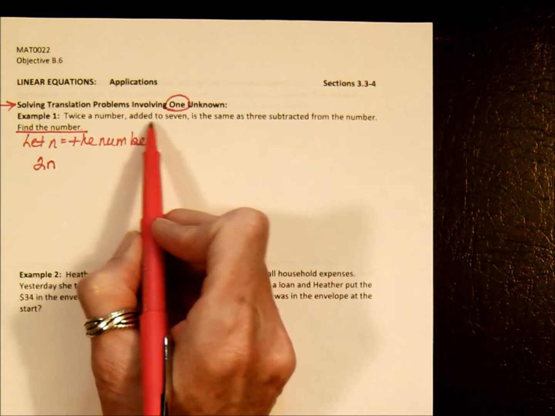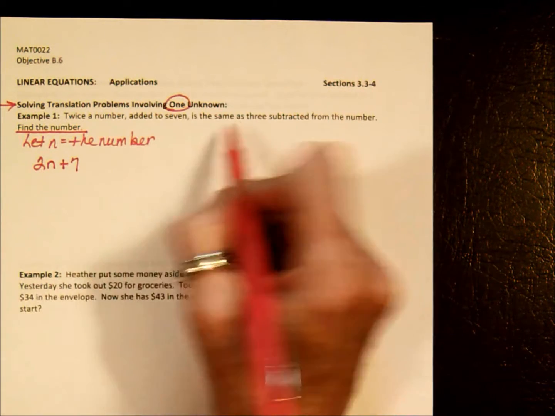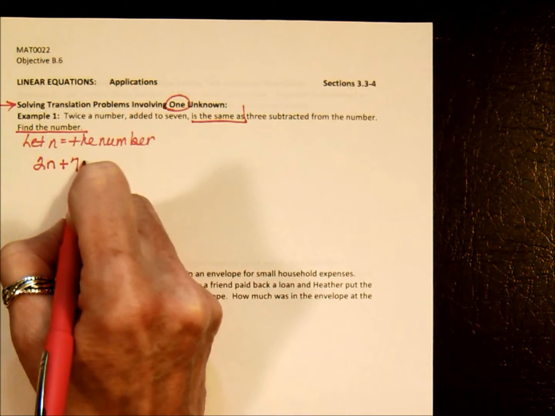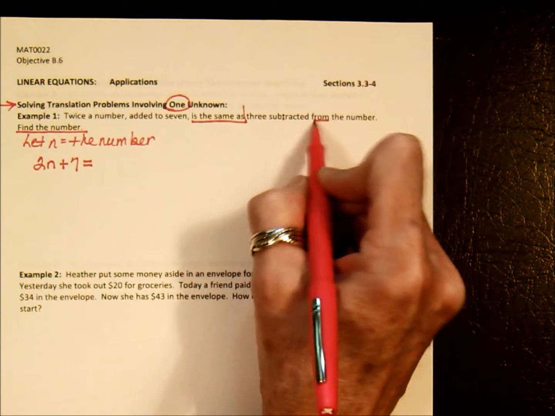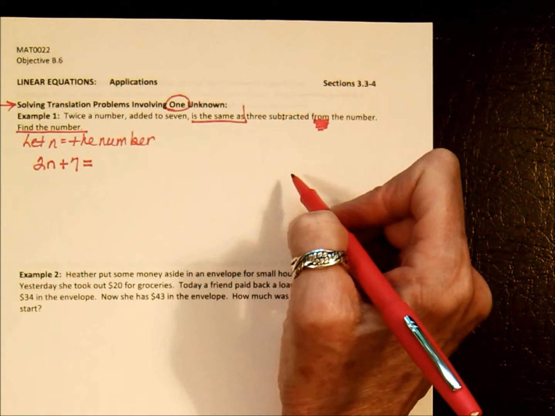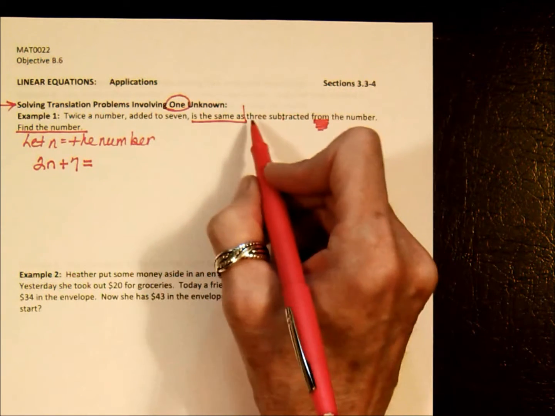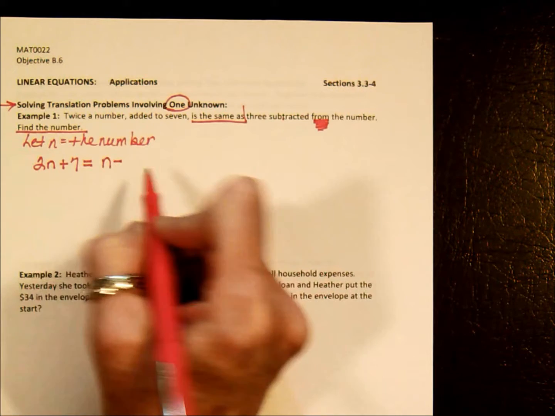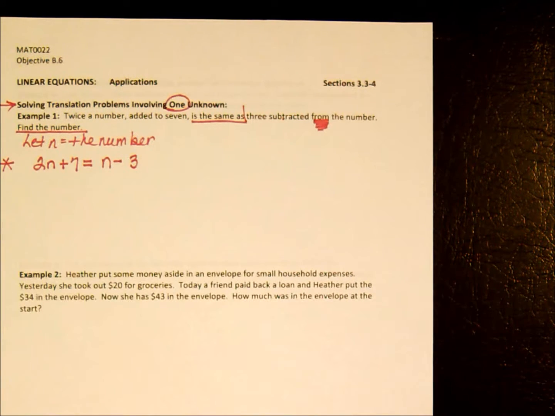Then it says added to 7, so plus 7, is the same as, that is equals, 3 subtracted from. There's that word from, where we know that the order of the words doesn't match the order of the translation. So 3 subtracted from the number, so the number with 3 subtracted from it. And we have our equation, and that's actually the hardest part of this kind of problem.